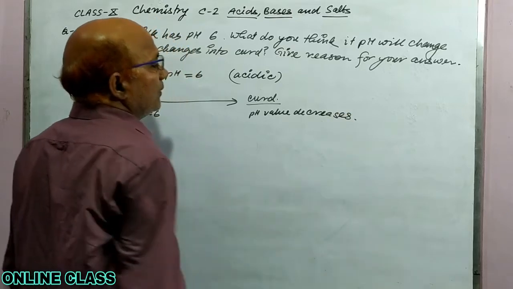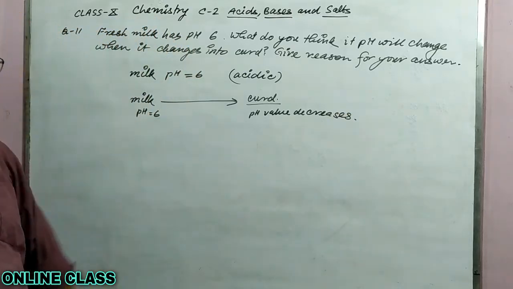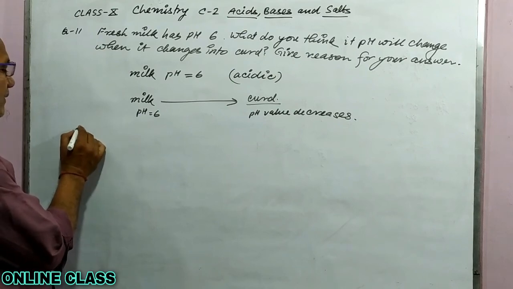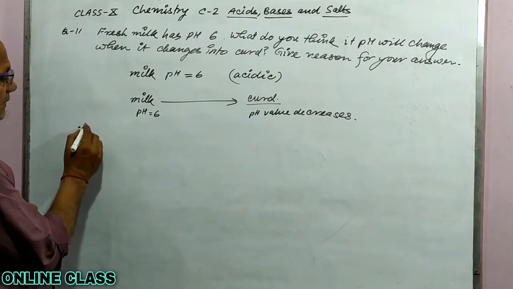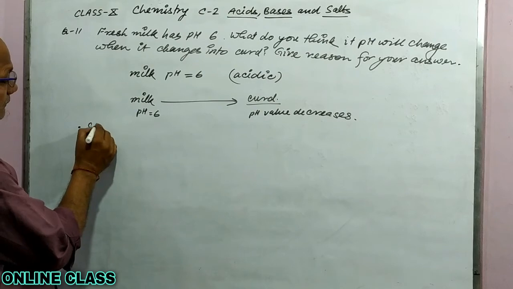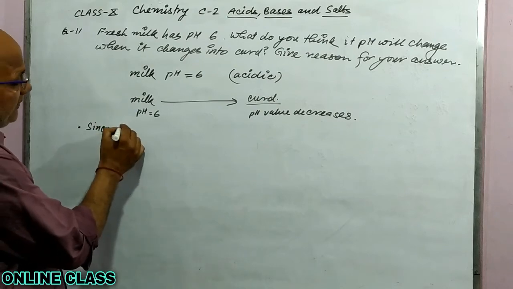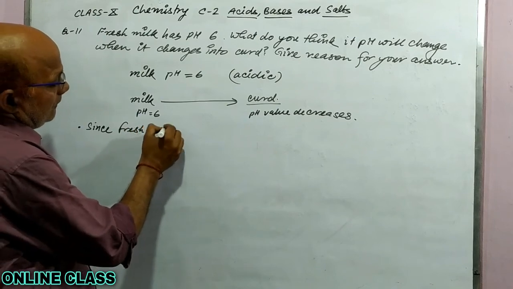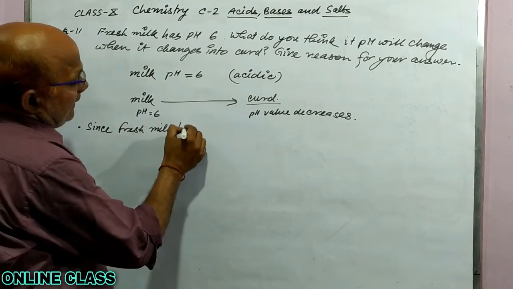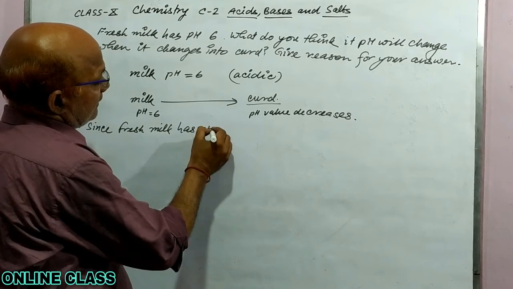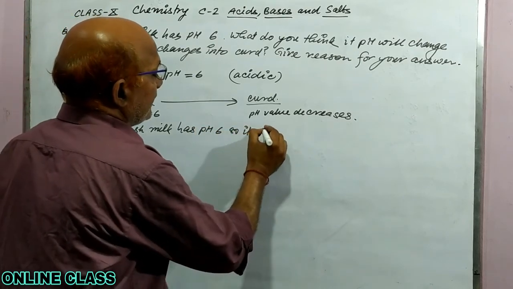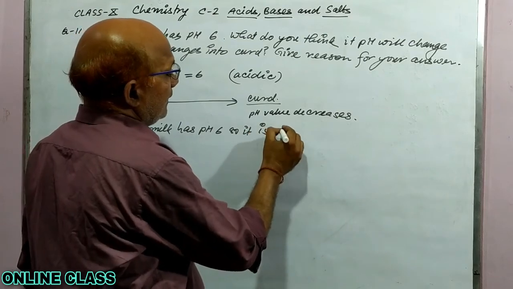Okay. So, you can conclude this answer like this: since fresh milk has pH 6, so it is acidic in nature.